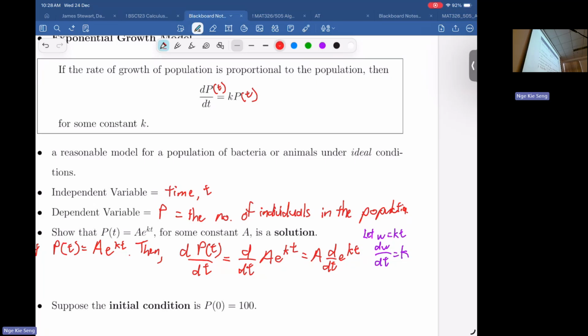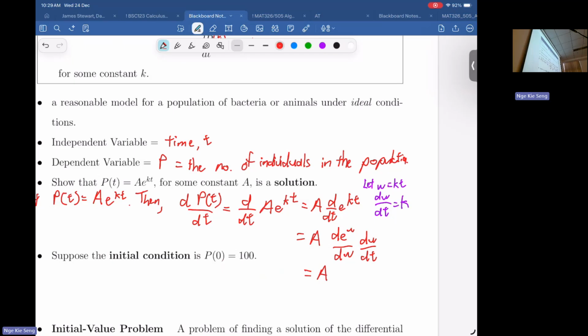Then what you get is the derivative of e to the w with respect to w, and then dw/dt, which is e to the w times k. So altogether you get A times k times e to the kt.